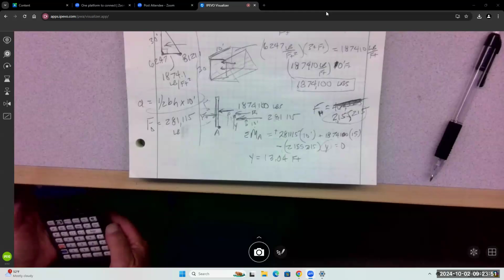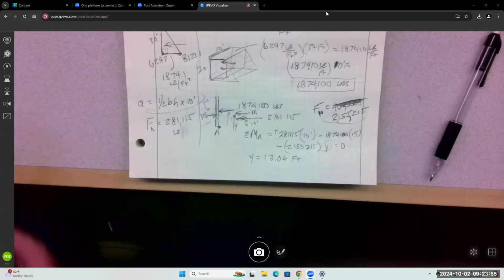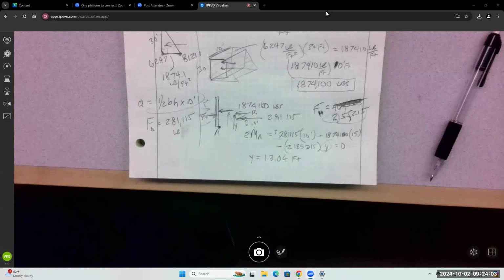I get the same number, 13.04. I got 14. Anybody else get 13.04? I really like my number. I got 14. 14.34 again. Yeah, 14.35. 14.34.